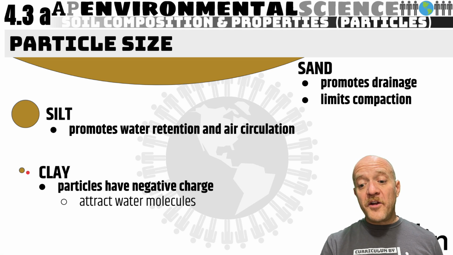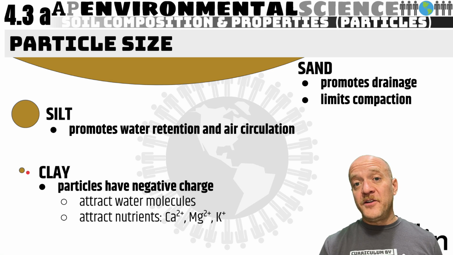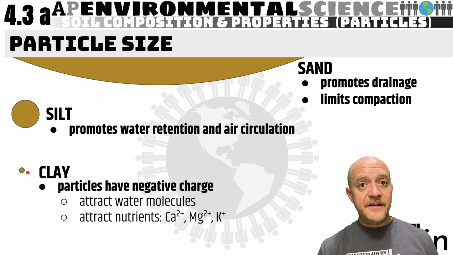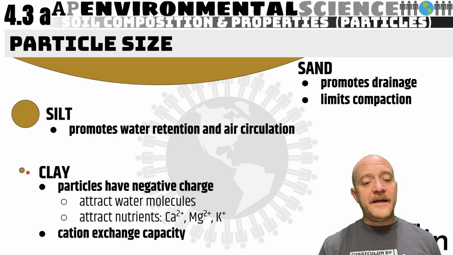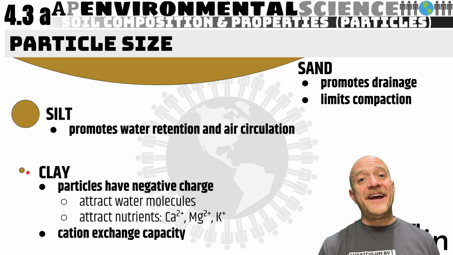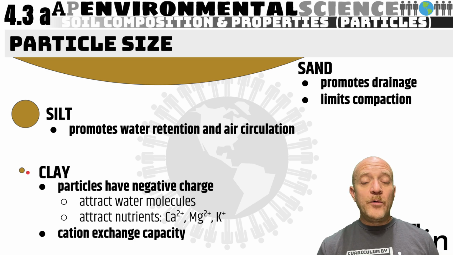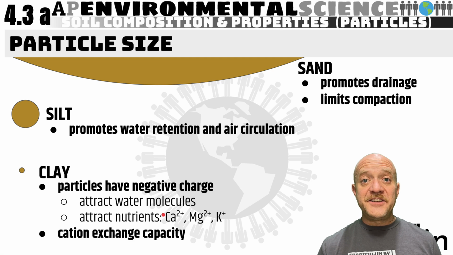But in addition to water molecules, you'll also have some of these soluble cations, or nutrients. Calcium, magnesium, and potassium are three examples. This will enable clay to have very high levels of cation exchange capacity. What that means is these are cations, and this will allow the clay particles to hold on to these cations and exchange them with the plant.